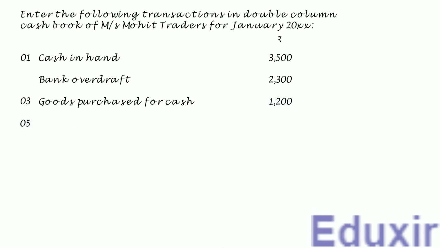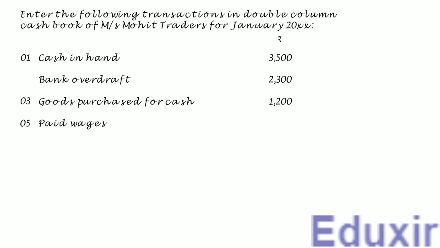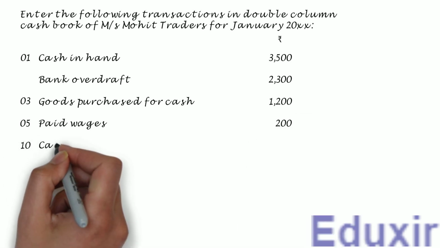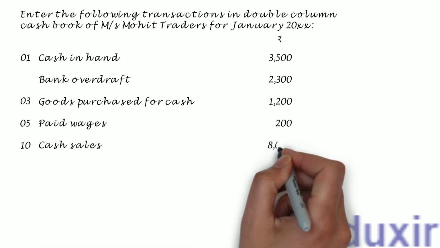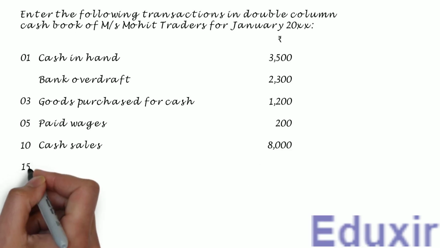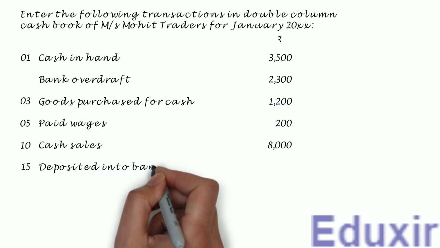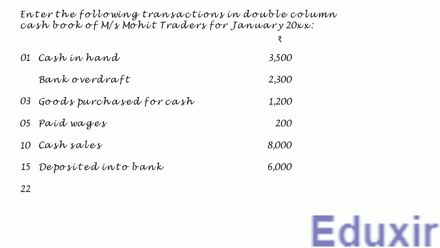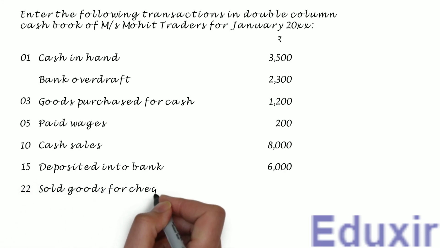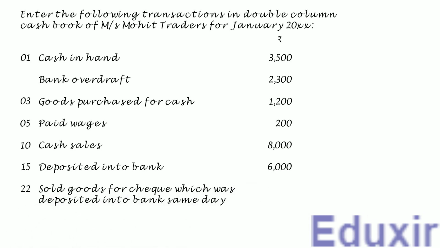On 5th January, paid wages ₹200. On 10th January, cash sales ₹8,000. On 15th January, deposited into bank ₹6,000. On 22nd January, sold goods for check which was deposited into bank same day ₹2,000.